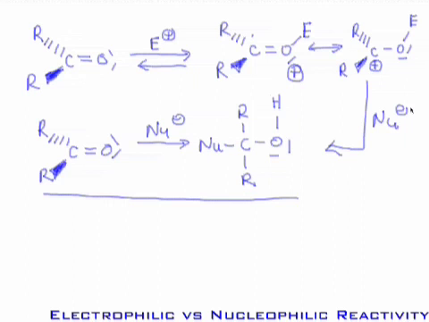So effectively, because the carbon is more electropositive than it was, having the electrophile attached to oxygen, the nucleophilic attack is increased. It's assisted by the electrophile. Under acidic conditions, aldehydes and ketones can react with even weaker nucleophiles because you increase the positive charge on carbon. So a nucleophile could be even weaker. However, because the main attack is nucleophilic, we get what is called nucleophilic addition.